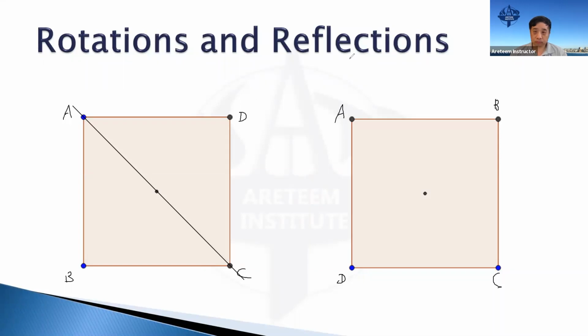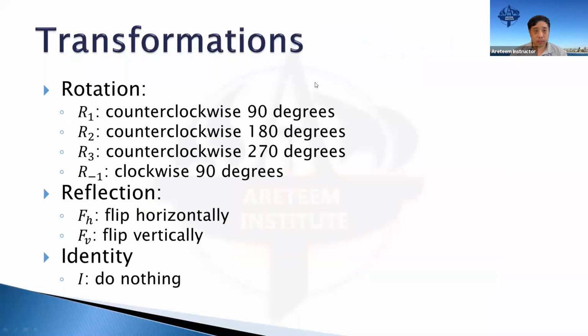Now let's move forward and think about these operations. We can define these transformations, rotation and reflection. Here is identity, which means we don't really do anything. I call it I. It's a transformation, but it doesn't transform anything.